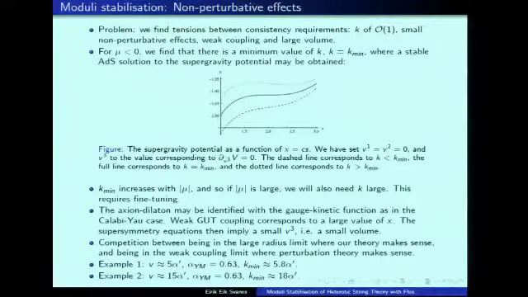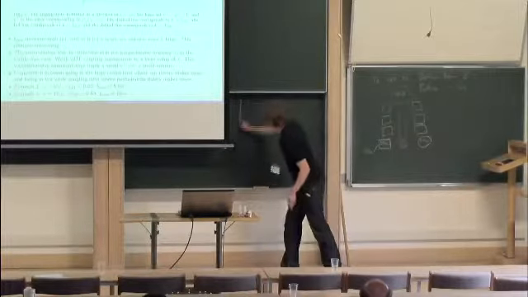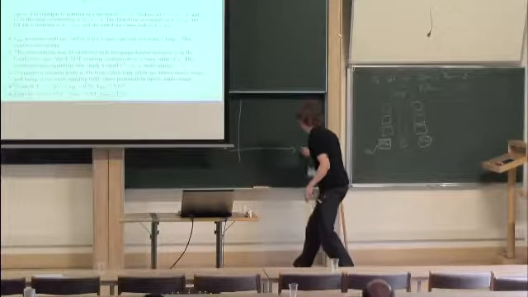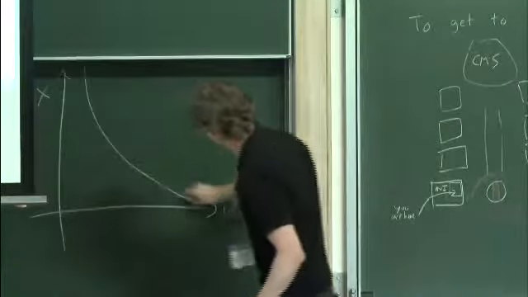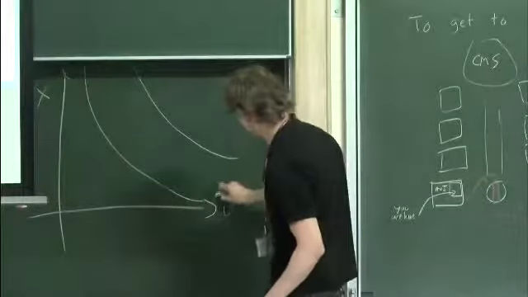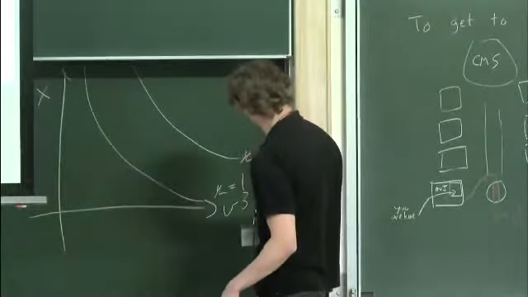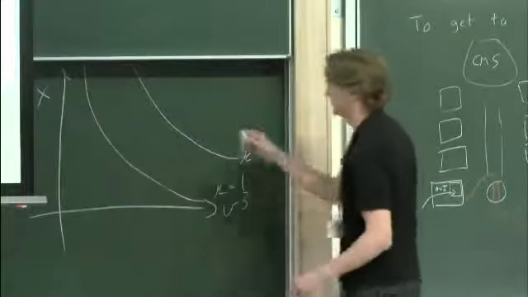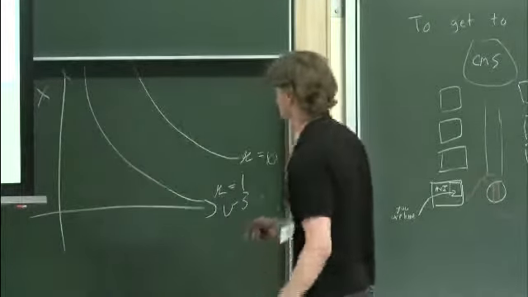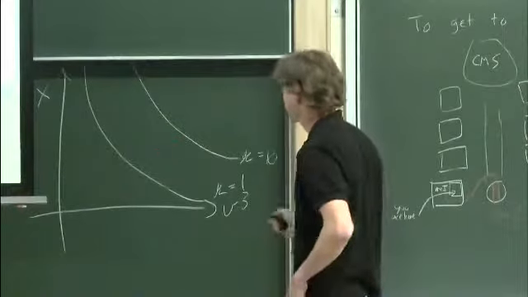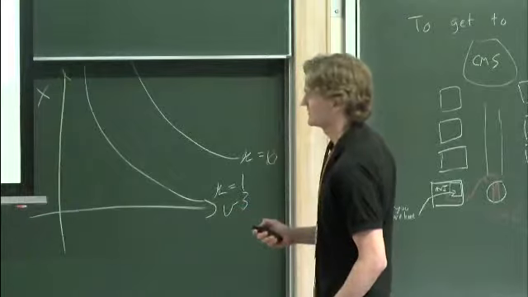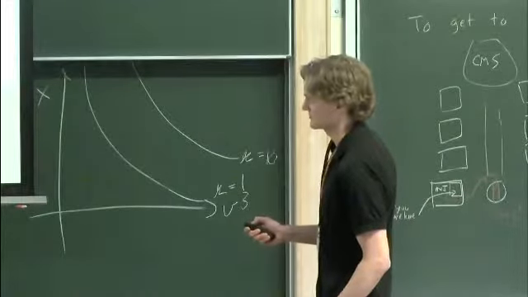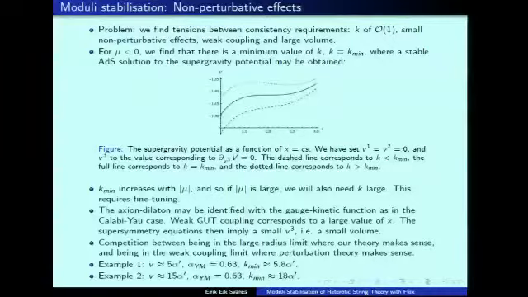Basically, so I should draw something. For instance, increasing the value of K means you can choose bundles for which you can set this as large as you want, just by choosing the bundle appropriately.